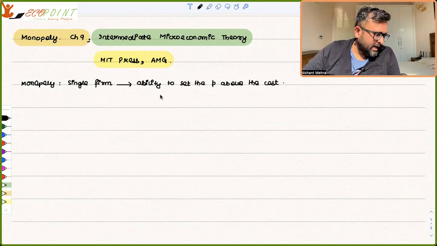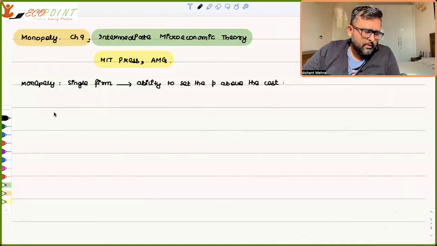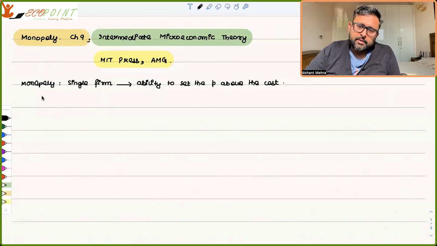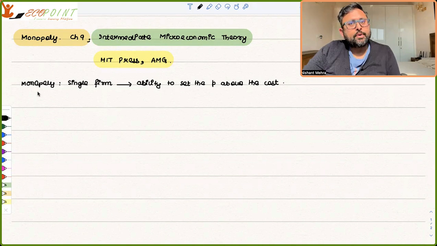It doesn't have to compete with the other firms because there is no other firm existing in the market. But the question which might arise is why do we think that monopolies do exist?